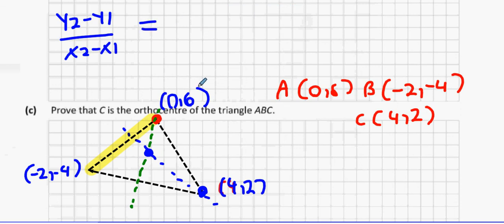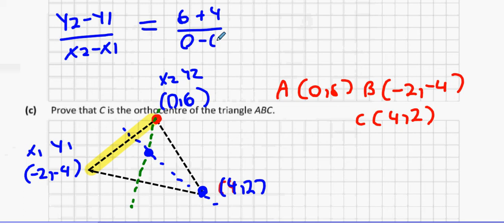I get 6 plus 4, because minus -4 is plus 4, divided by 0 minus -2, and we get a slope of 5. The yellow line has a slope of 5.